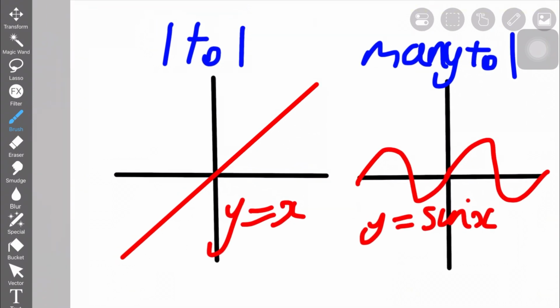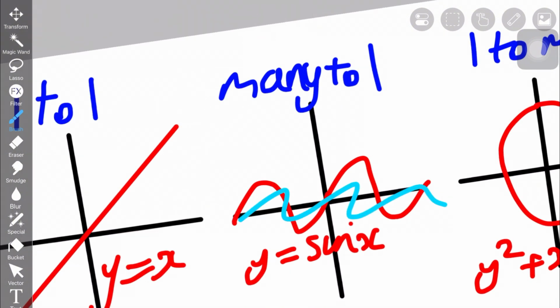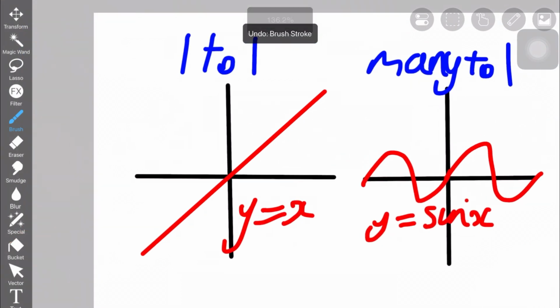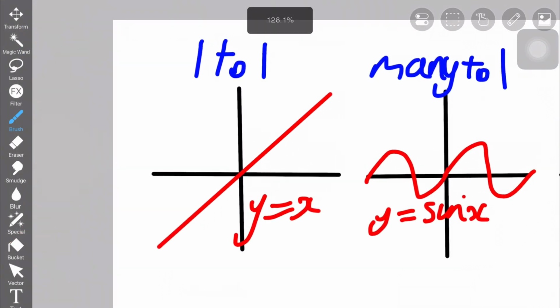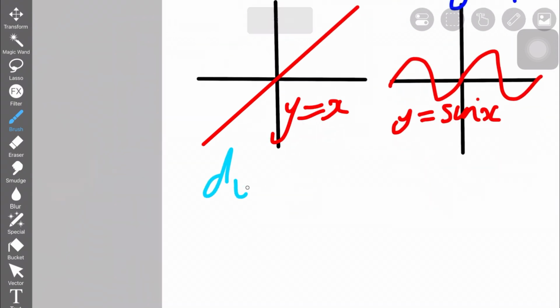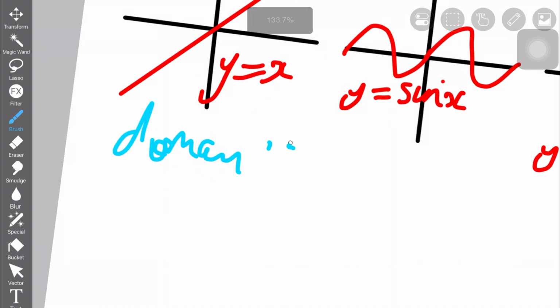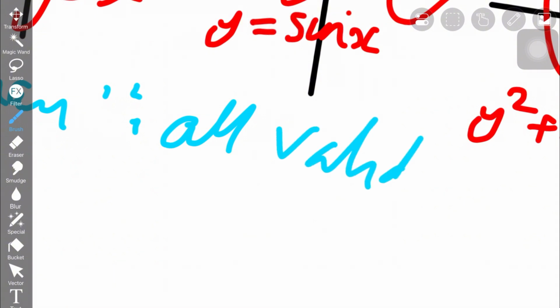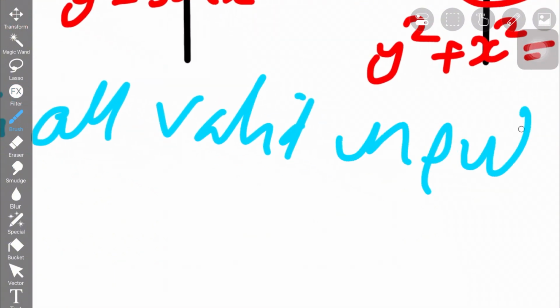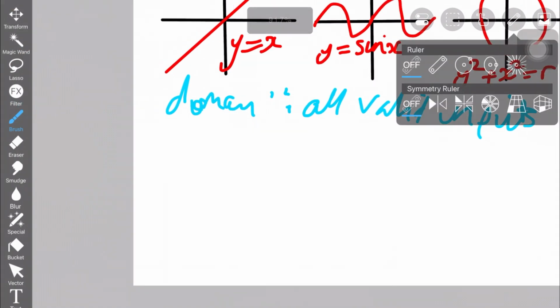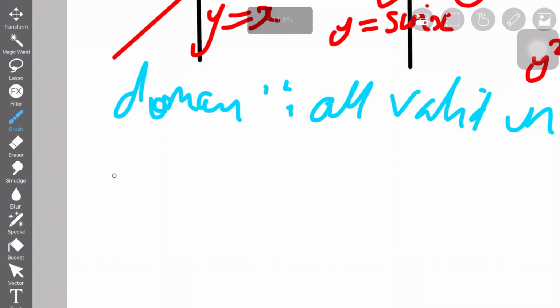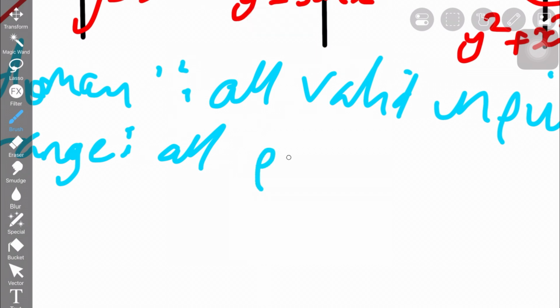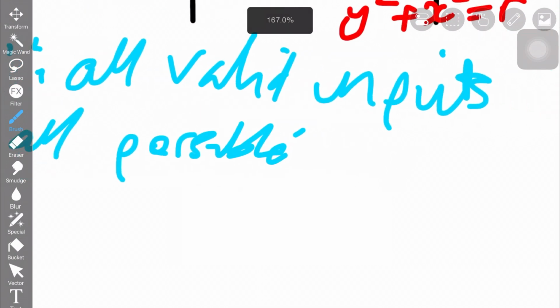So if domain is the set of inputs, for example, all real numbers for y equals x, or all real numbers for y is sine of x, if domain is the range of inputs that a mapping can take, domain is all valid inputs, then range is all possible or all valid outputs.